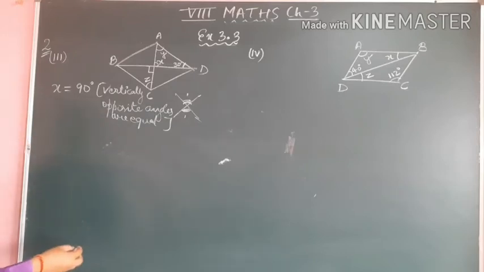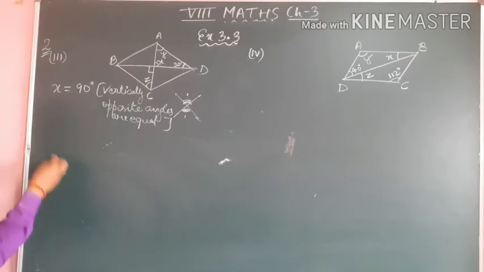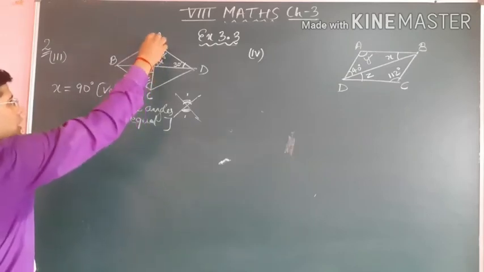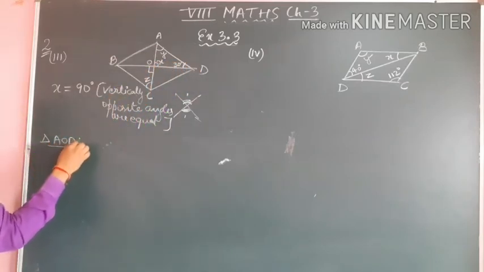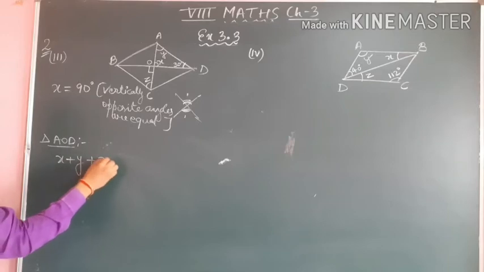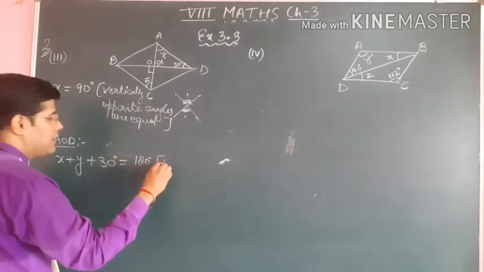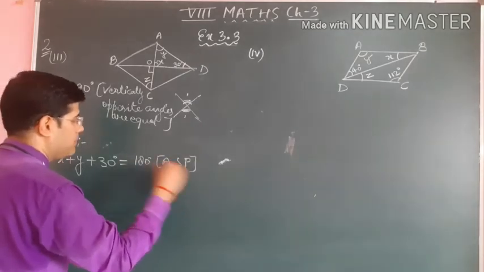Now move to the second part. What we have to find? We have to find y in triangle AOD. Here we write AOD. In triangle AOD, it has three angles, x plus y plus 30, that gives you 180. And which property? Angle sum property.